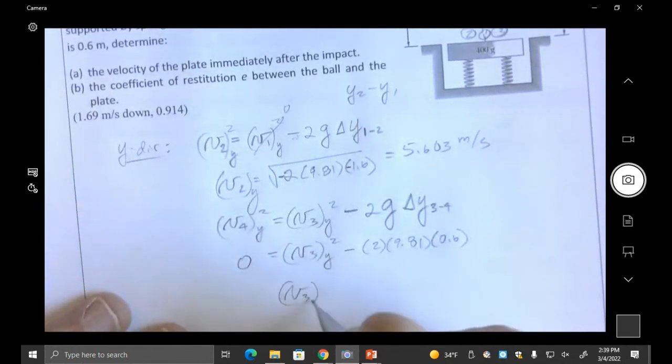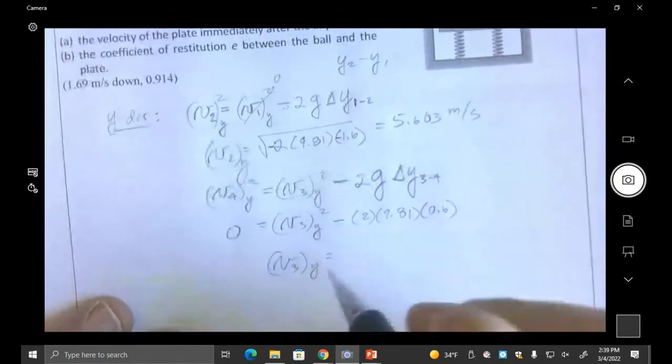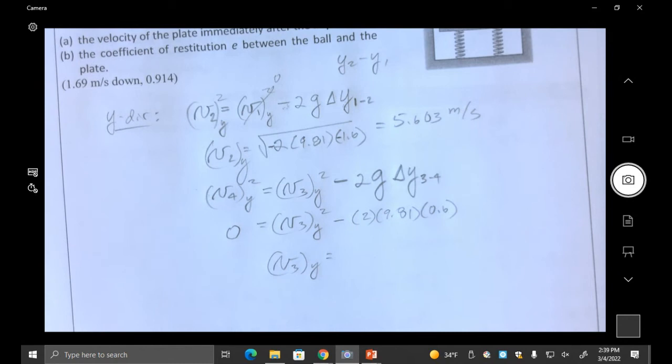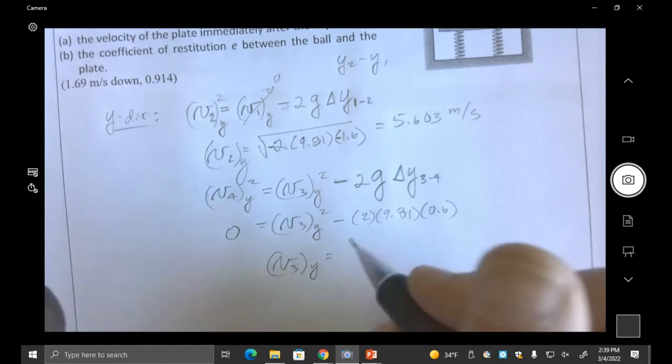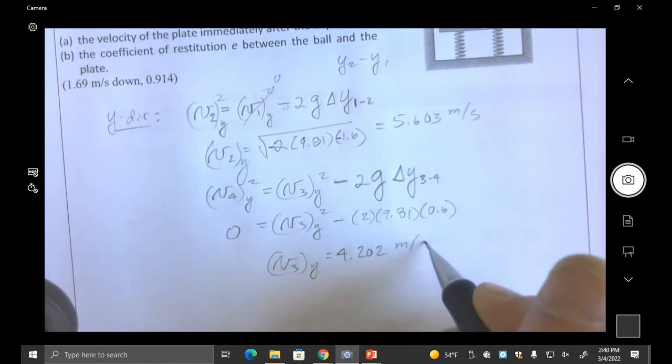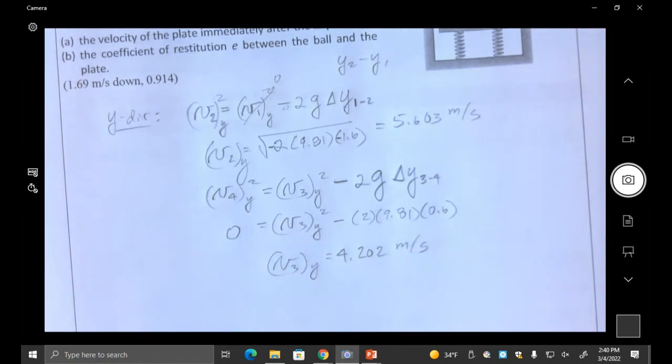So V3 in the y direction should be equal to 2 times 9.81 times 0.6, but we've got to take the square root. It should be 4.202 meters per second. Uh-oh, what did I do?